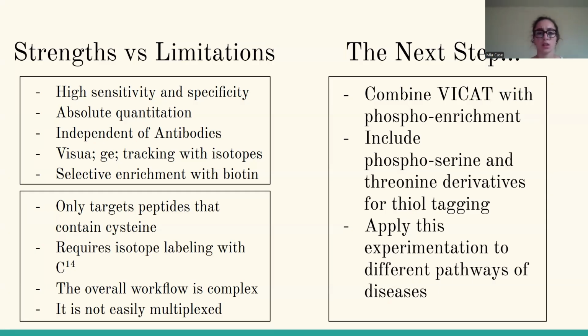Given these limitations, some proposed follow-up experiments would be to adapt VICAT for quantification of phosphorylated peptides, which would be a lot easier and would probably encompass a little more of the proteome. This could be achieved by enriching phosphopeptides and then chemically modifying them to introduce cysteines, which would also expand this method. This could then be labeled with the VICAT reagents that we talked about and quantified using the same instrumentation, such as the mass spec based approach.